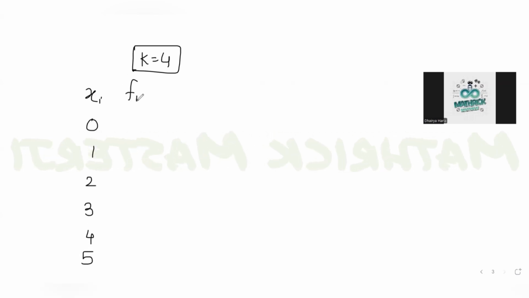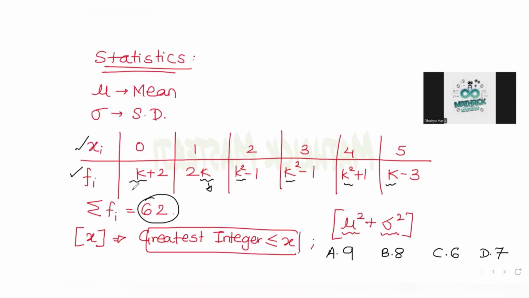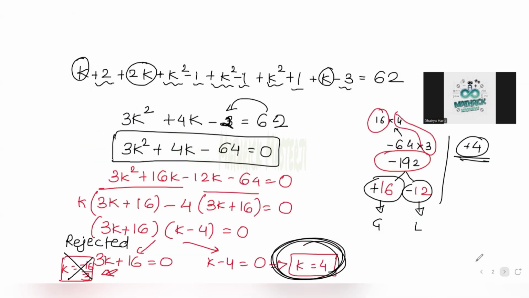Now, once I have gotten k as 4, I'll write down my frequency distribution again. So xi goes from 0 to 5, and for the frequencies, for x values I have k plus 2, so 4 plus 2, which is 6. Then I have 2k, so 2 times 4, which is 8.